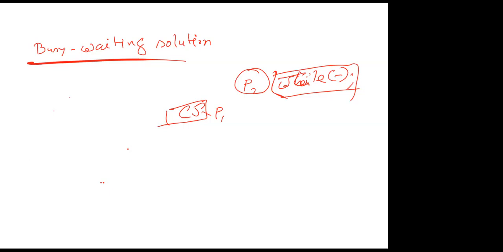Mutual exclusion is granted by the Peterson method, as well as progress, and bounded waiting is also satisfied. So all three properties are granted by the Peterson method.